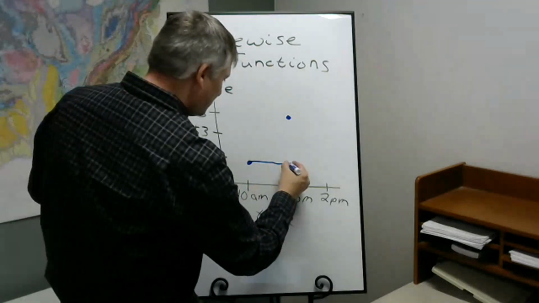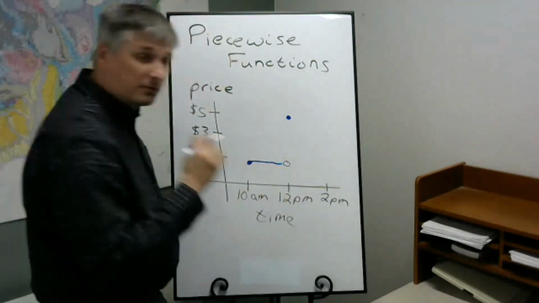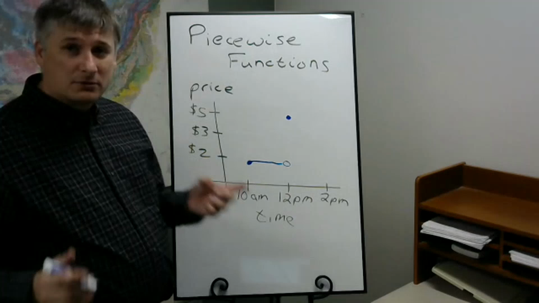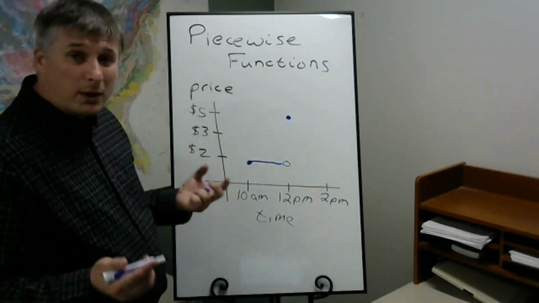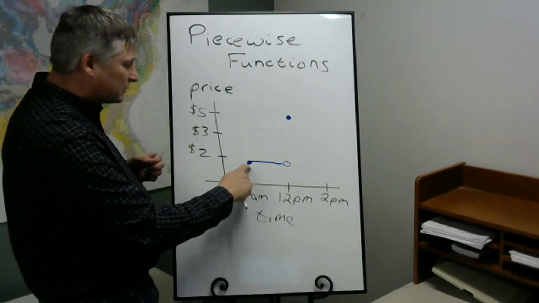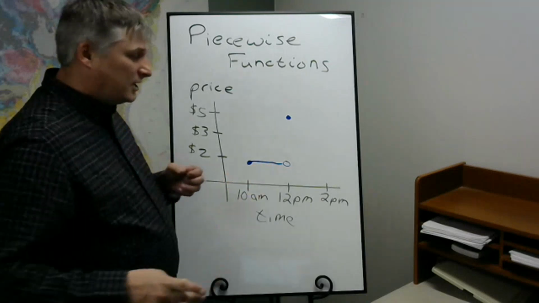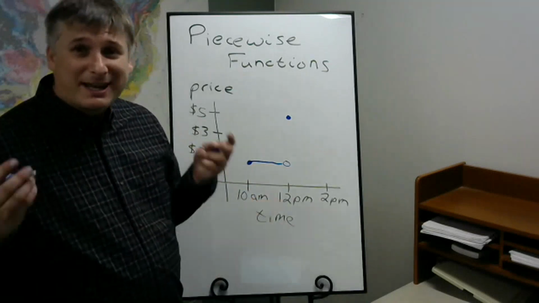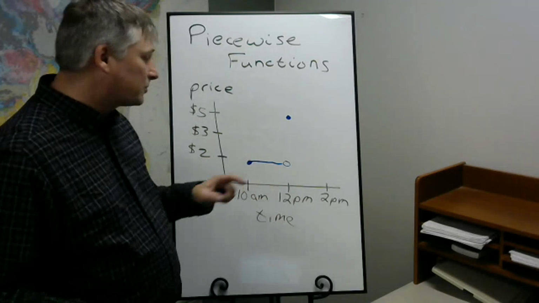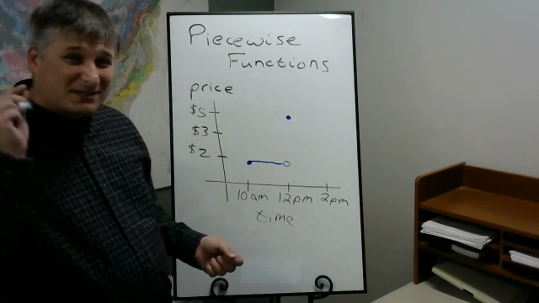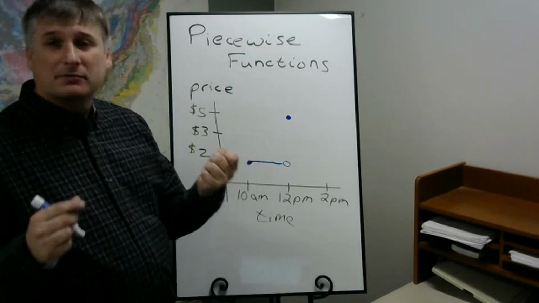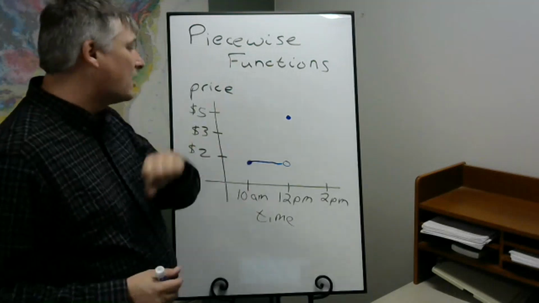So at 12 p.m., it's no longer $2. It's now suddenly $5. If you were to purchase this stock at any time before 12 p.m., it would still be $2. But the second you have the strike of 12 p.m., the stock is now $5.